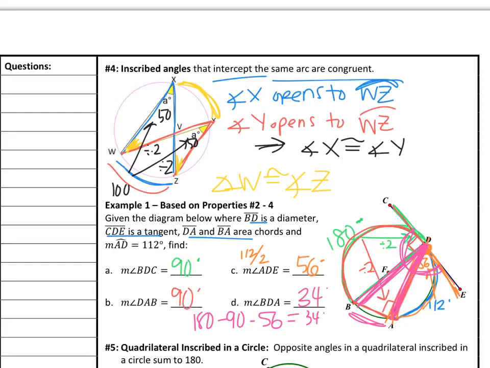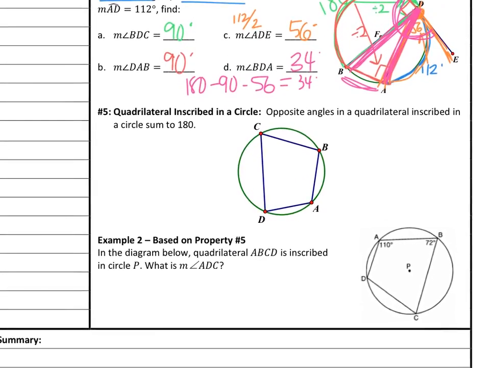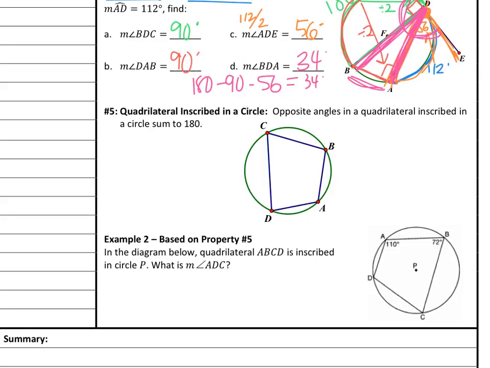Okay? And the last and final property is a little weird, but it's not so bad once we get used to it. So it says opposite angles in a quadrilateral inscribed in a circle sum to 180. So before we get there, let me just tell you that I'm going to give you an example where we call this angle X and this is angle Y. Okay, because they're opposites of one another, right?